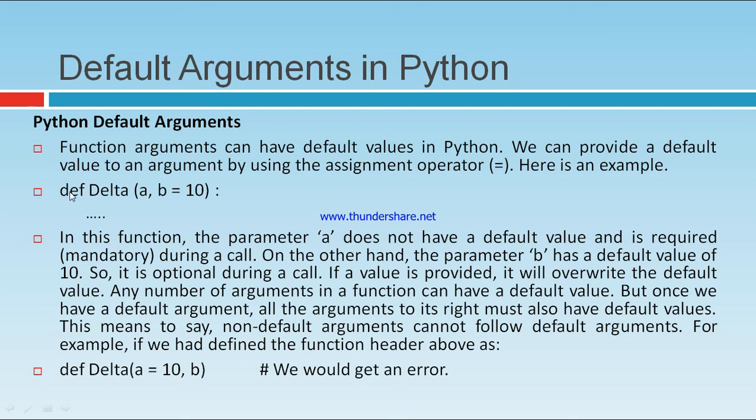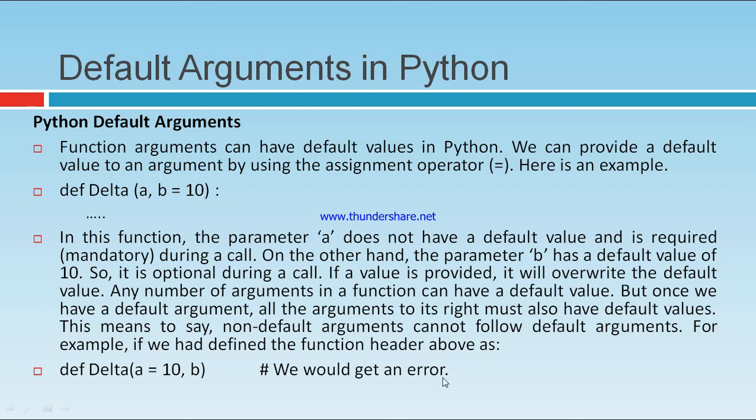Just see the example. One delta function is created, def delta. It has two input arguments, variable a and variable b. Here in the function header, the function declarator, we assign value 10 to the variable b. Just check it. So here b is known as the default argument of the function, whereas a is the normal argument of the function, right?